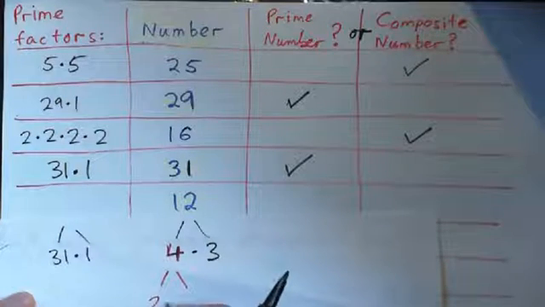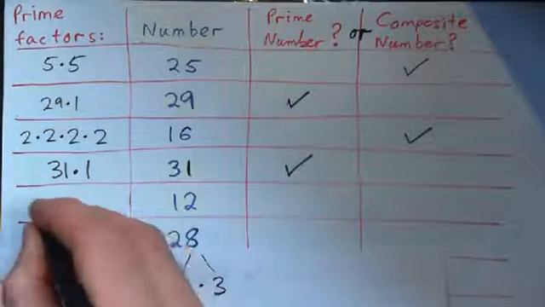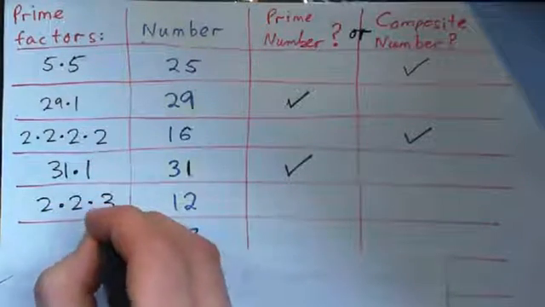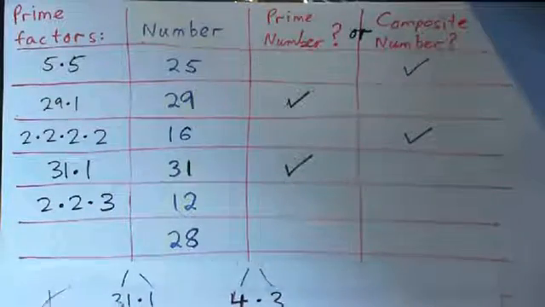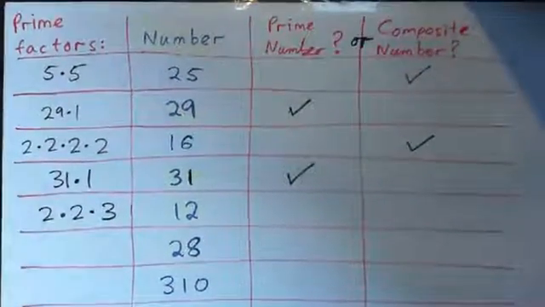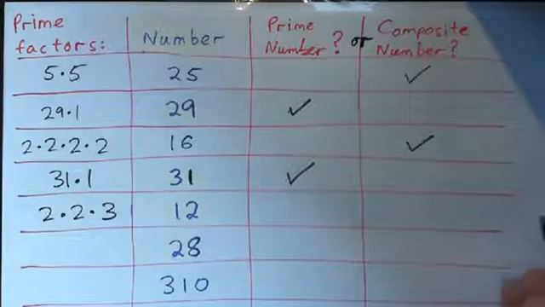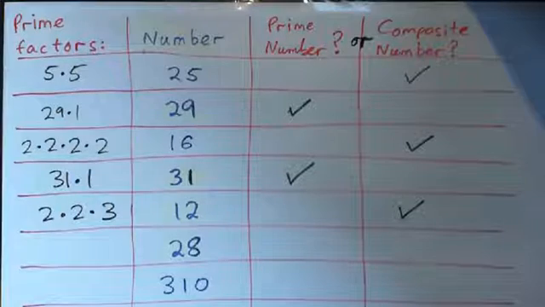Well, 4 is 2 times 2, isn't it? So 12 can be broken down to be 2 times 2 times 3, right? So 2 times 2 times 3, and those are the prime factors of 12. Is it a prime number or a composite number? It can be composed of different numbers, so it is in fact a composite number.